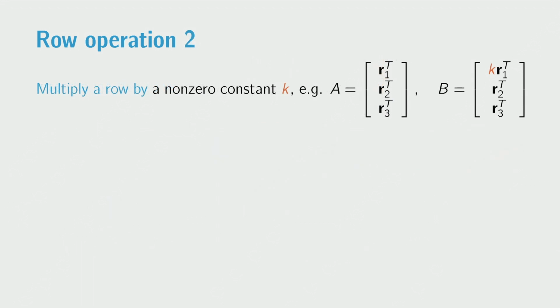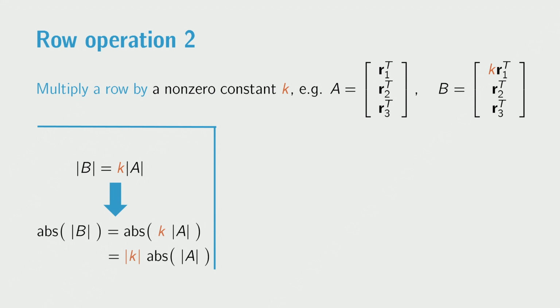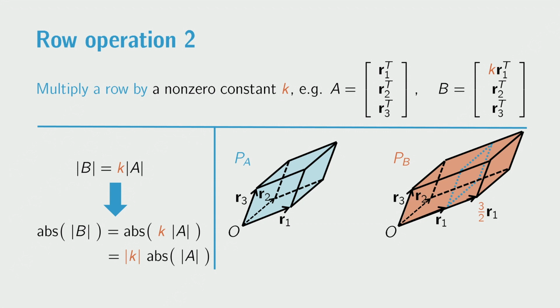The second row operation is to multiply a row by a non-zero constant k. We know that the determinant is then multiplied by that k. In absolute value, it's multiplied by the absolute value of k. Here we have multiplied the first row by 1.5. The parallelepiped is stretched in the direction of R1.